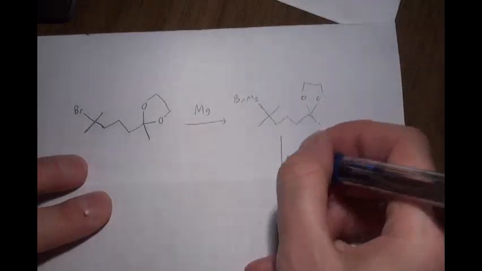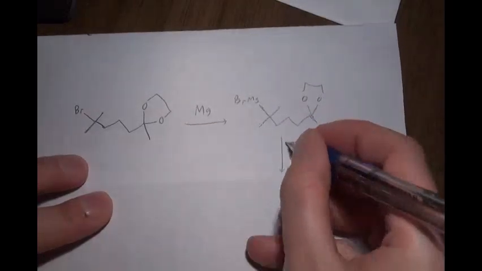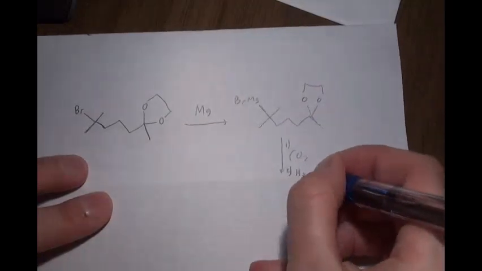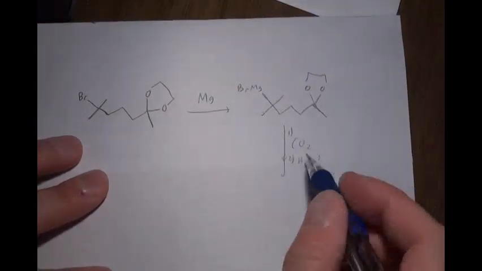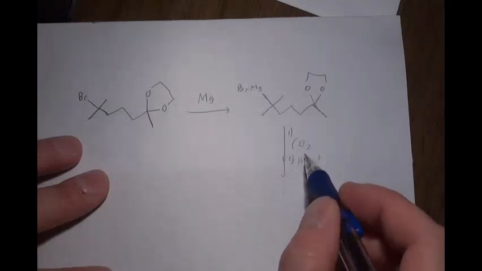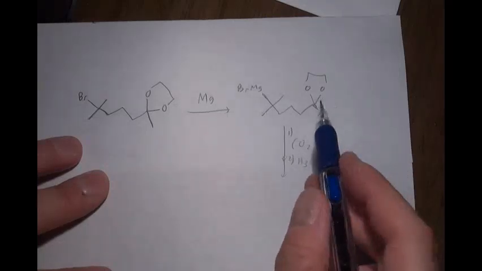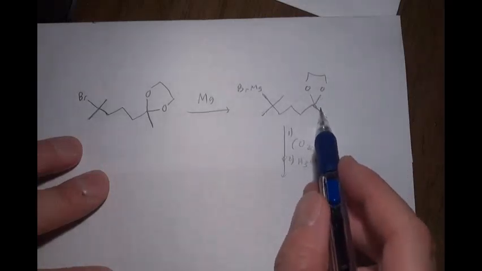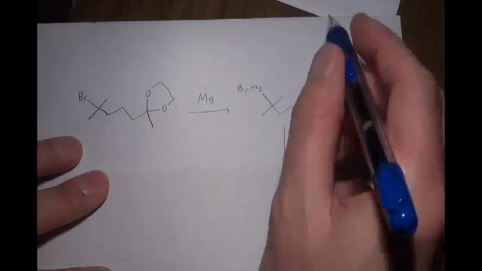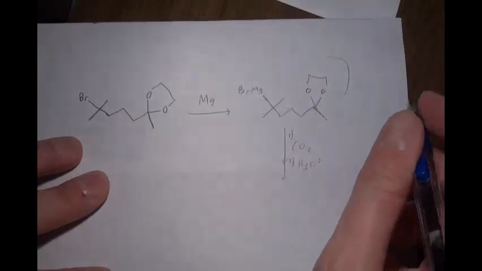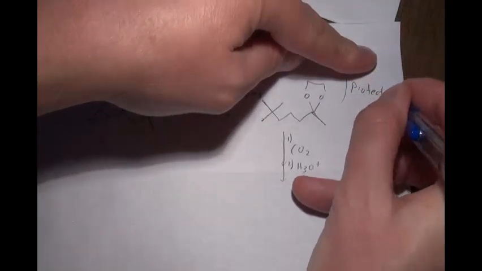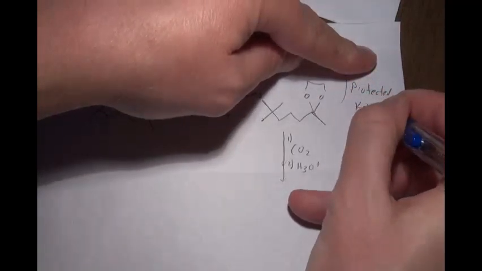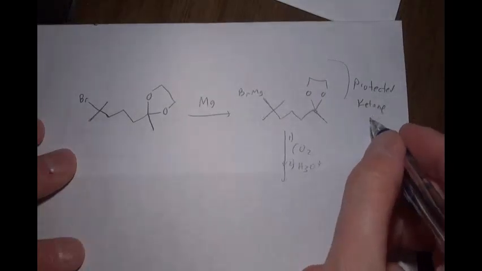So this reacting with CO2 and then H3O will totally react. And the other thing is that H3O, in addition to being the second step of the Grignard, would probably deprotect this guy. This is a protected something, right? It's a protected ketone. This will come off with H3O.